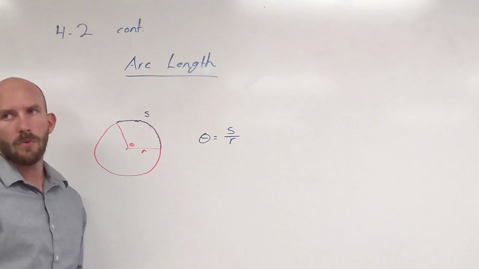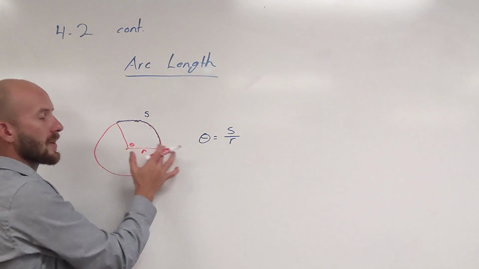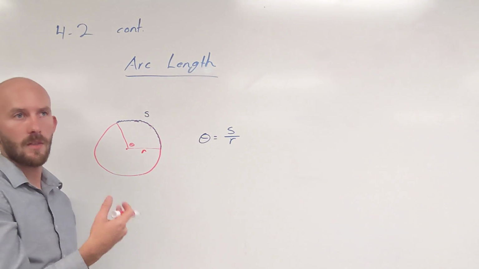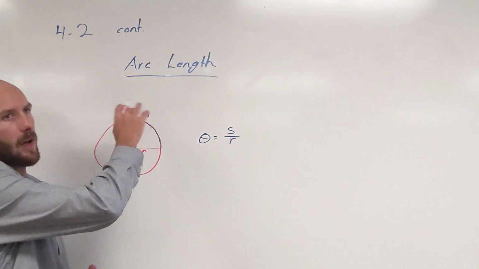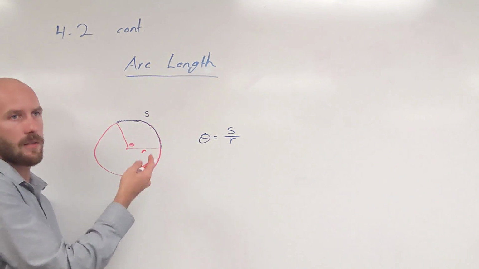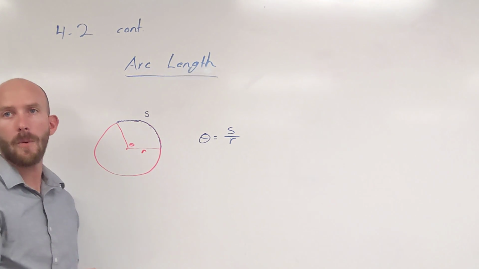If S is twice the length of the radius, then theta is just 2. If S is 25 and my radius is 10, then theta is just 2.5. Theta was just that ratio, okay?